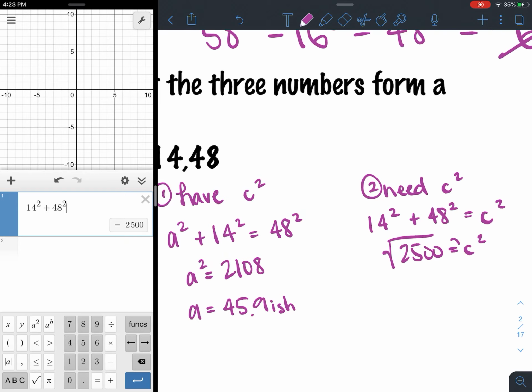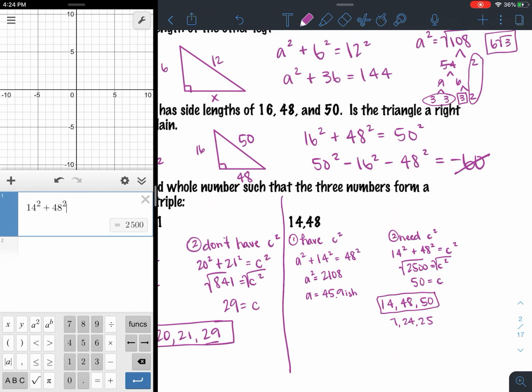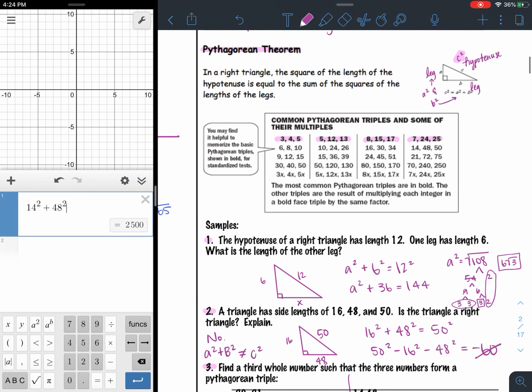And when I take the square root of both sides, 50 is going to be equal to c. So I have 14, 48, and 50, which if you divide all of those by 2, that's that 7, 24, 25 right triangle triple that you see up above in our box here.